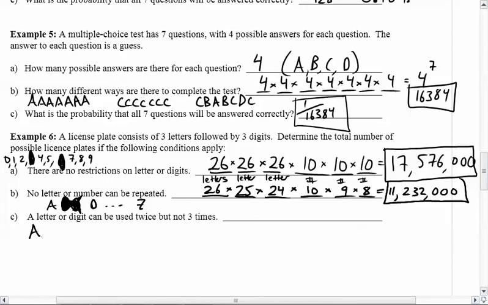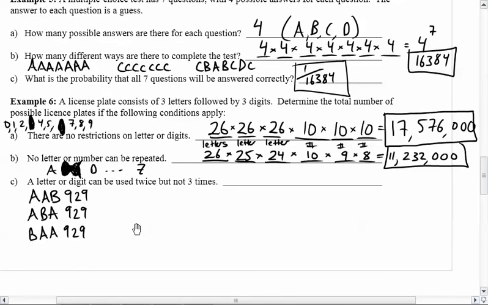That would include license plates like AAB 929 or ABA 929 or BAA 929. And then I would also have to include the ways that I could use a number twice. But that kind of gets complicated. There's so many different ways that I can rearrange those.